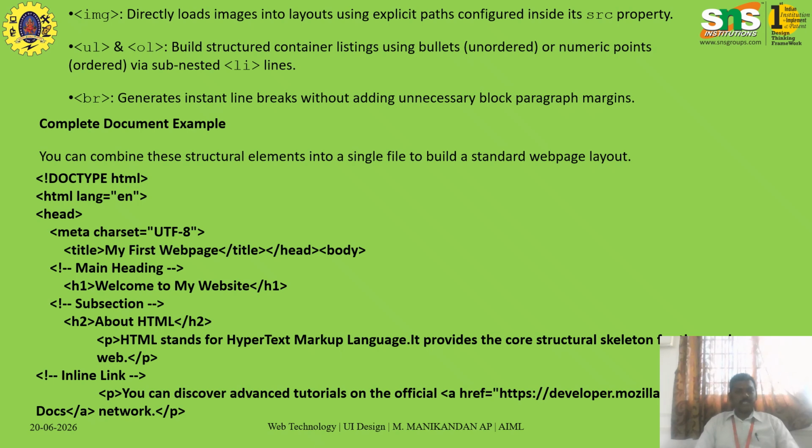So a complete document example we have here. You can combine the structural elements into a single file to build a standard page layout. The starting tag is the document type, which shows the type of document, HTML, and inside that, the language, English. Under the head tag, we give the title and linking links.